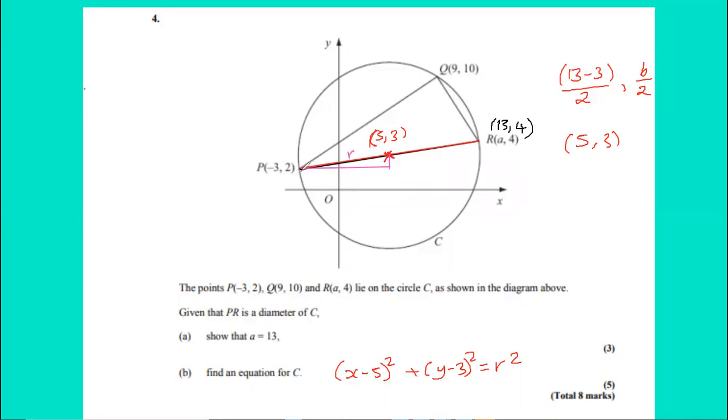To get from -3 to 5, that's 8 units across in the x direction. And then to get from 2 to 3, that's 1 unit up in the y direction. So using Pythagoras, you've got 8 squared plus 1 squared, which is just root 65. So our radius is root 65, and our radius squared is 65.